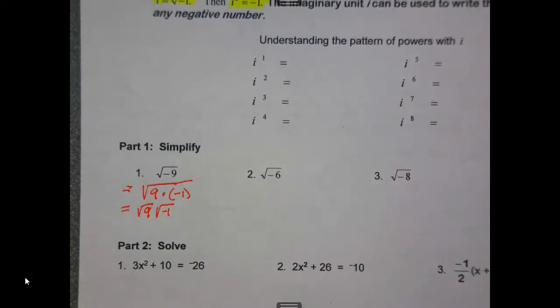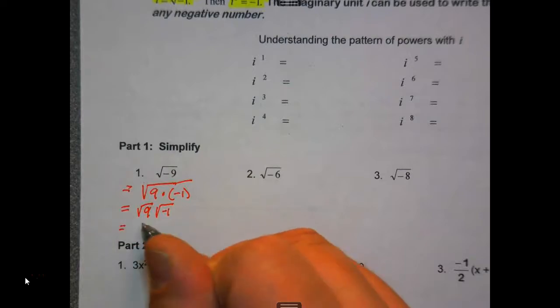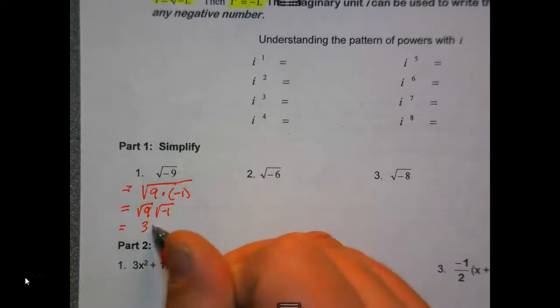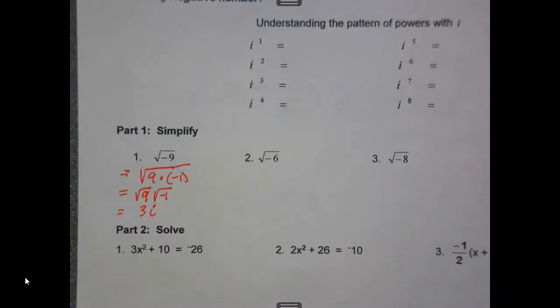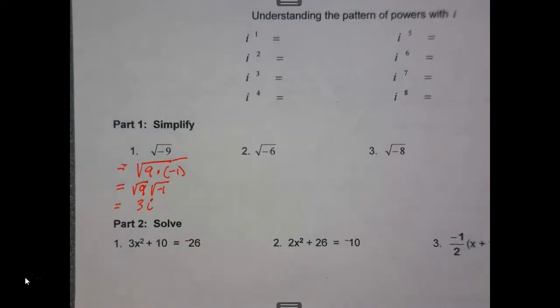Negative 1 is what? i. The square root of 9 is 3. My answer is 3i. Now, i is an irrational number, so it always goes after the rational number. Make sense? Of course it does, Mr. D. Oh, that's cool.